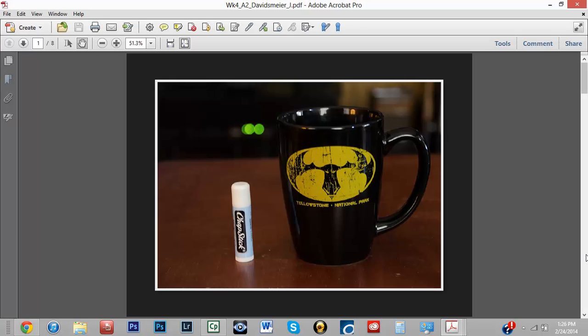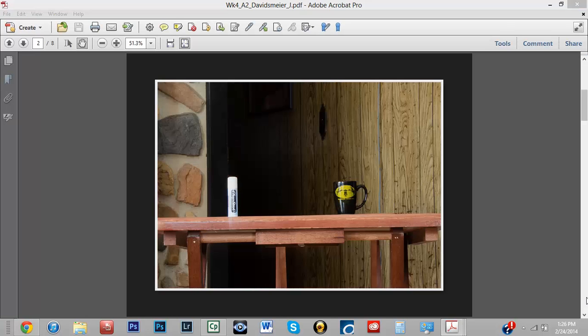Alright, so you have the coffee mug. That's clearly much bigger than the chapstick. I think this is a good way to do it, too. A lot of times when you just show the picture of the one thing for scale, it's kind of hard to tell what the ratio of scale is between these two. So you have the original.